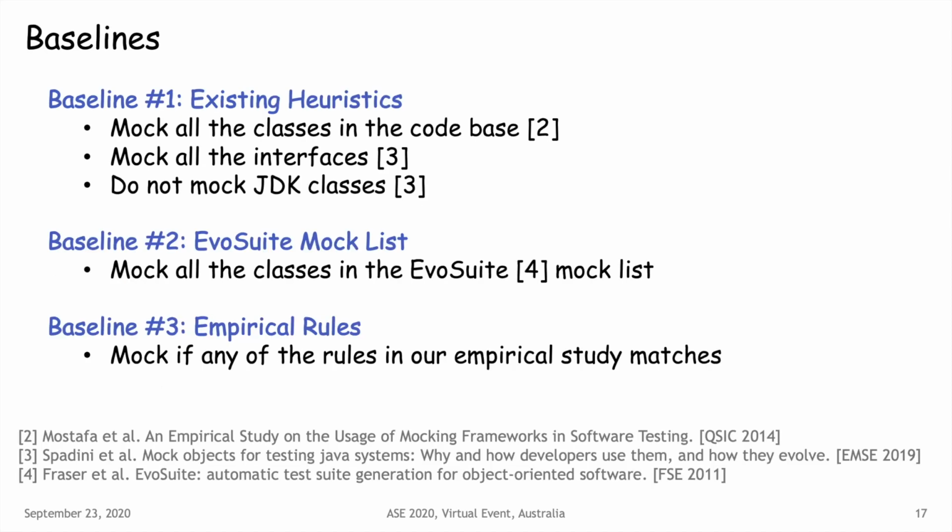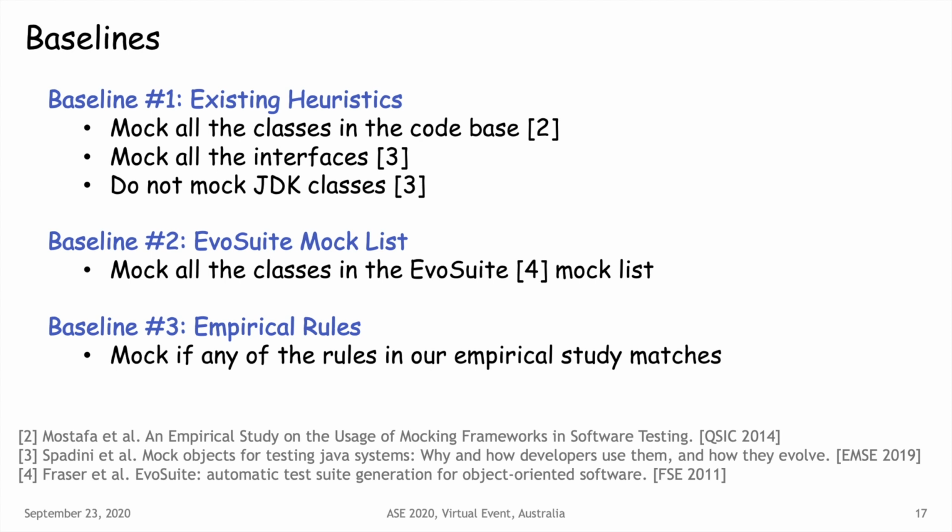Since there is no existing mock recommendation technique, we chose the heuristics reported by existing studies that can be directly applied to the code as the first baseline. Basically, it mocks all the classes in the code base and all the interfaces, except those provided by the JDK. The second baseline comes from ASE2020, an automated test generation tool.